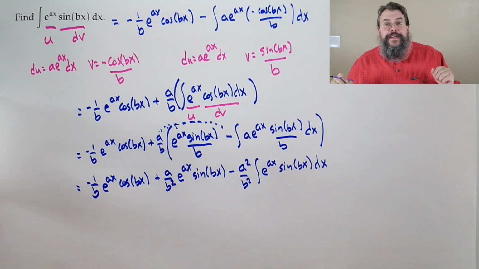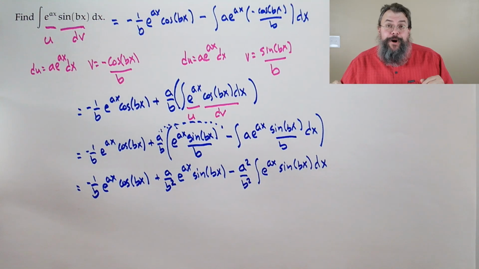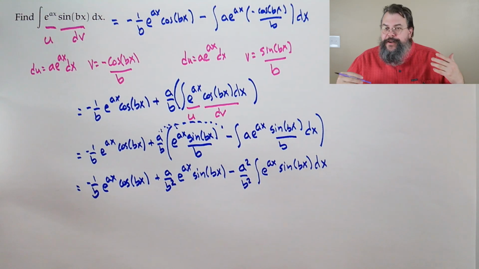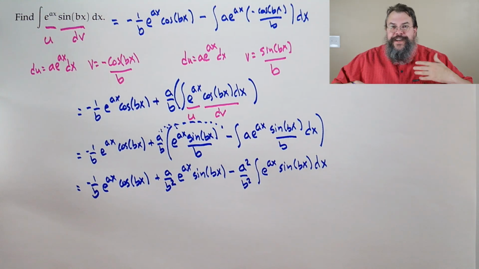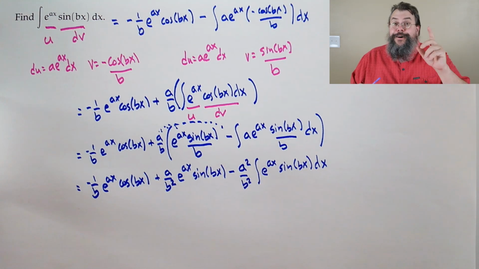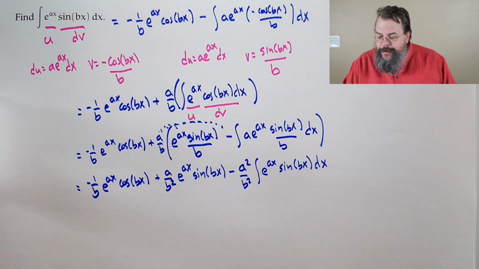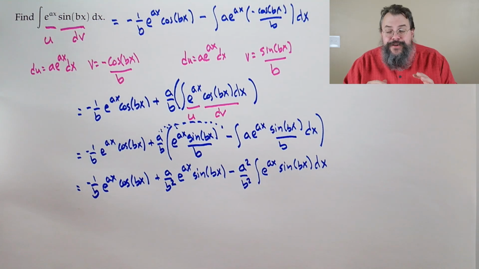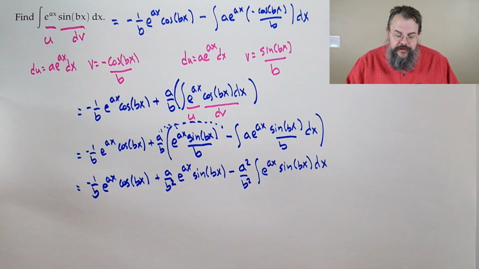Now, at this point, you're probably thinking, we might be here for a while. Should we go pop some popcorn or something? Because you're starting to feel like you're going to get stuck in a loop here, Steve. Aha, we could get stuck in a loop, but this is our great moment. What does that mean? Well, we look a little bit closely at what we have, and we say, hey, what do you notice?